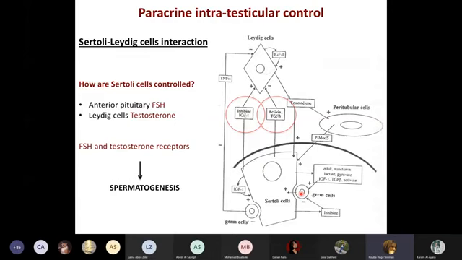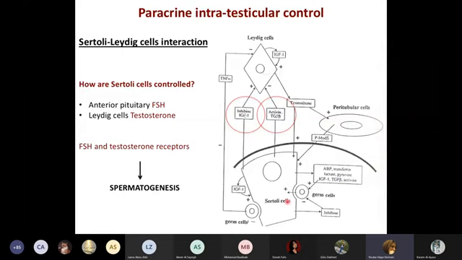Now, very important thing is that in addition to the secretion of inhibin and activin that act on germ cells, these Sertoli cells, by secreting activin and inhibin, will also act on the Leydig cells.